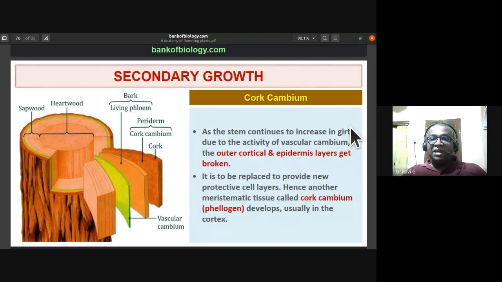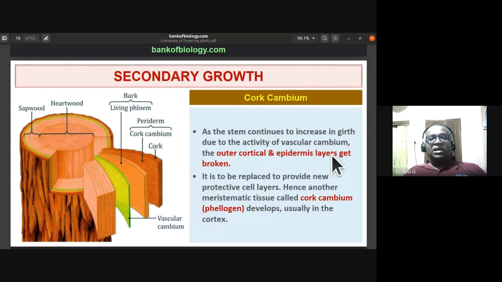Lenticels are formed by the rupture of the epidermis layers, so you should remember that. They have parenchyma cells below this ruptured epidermis, and these openings we call lenticels.